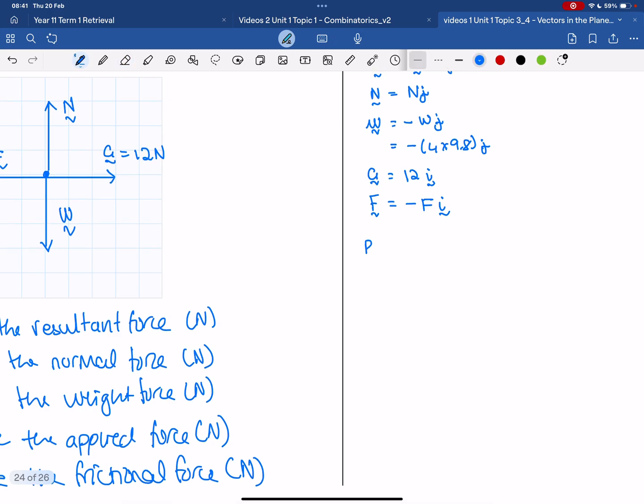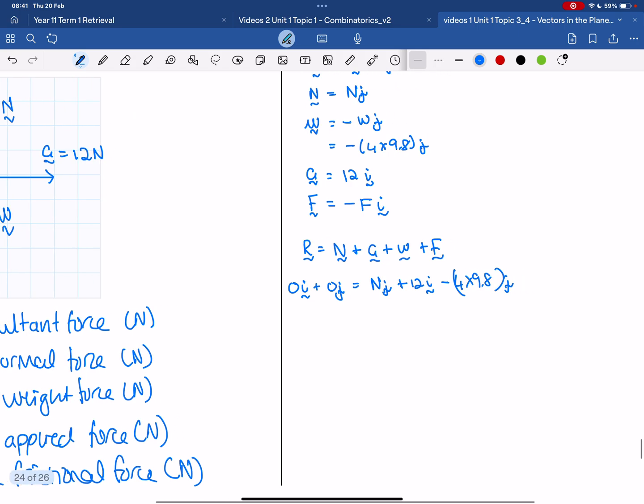All right, let's put all of this together. We know that R is equal to N plus G plus W plus F. R is the sum of all your forces. So 0I plus 0J is equal to NJ plus 12i minus 4 times 9.8 j minus fi.